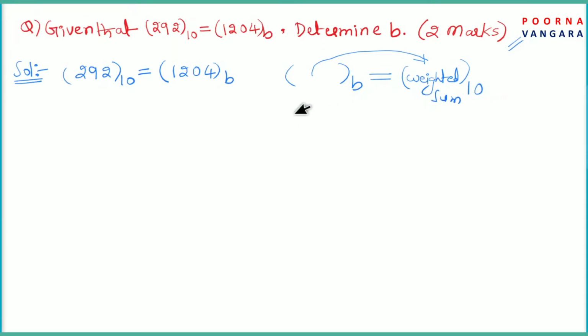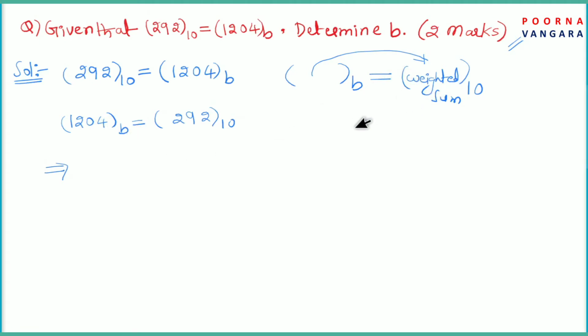So the same thing we need to apply here. Let me write: 1204 base B equal to 292 base 10. So that means now you need to represent this 1204 base B in weighted sum representation.